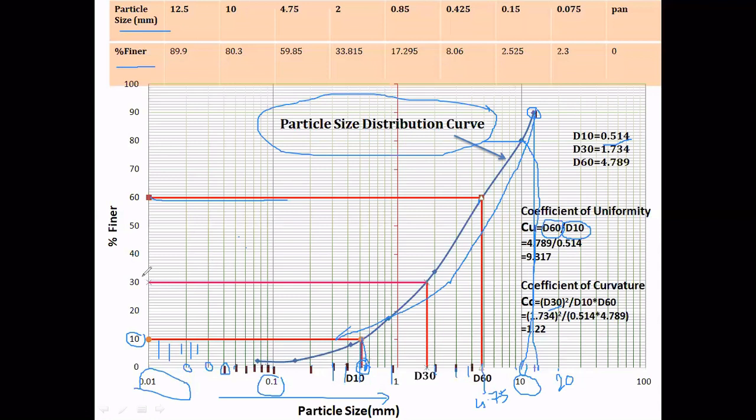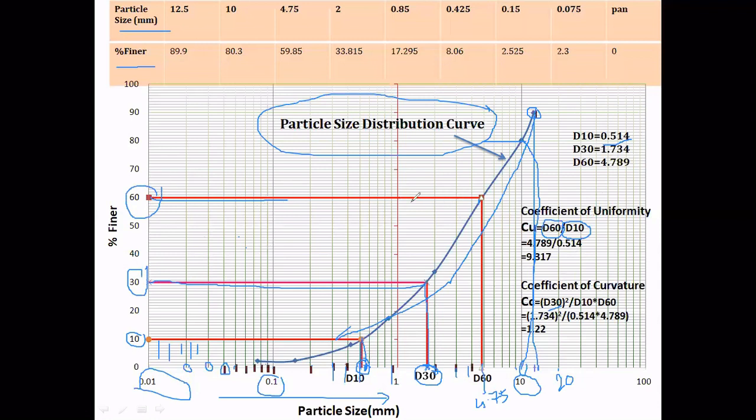Then how to determine d30 size? Then again from the y-axis, from 30, take your horizontal line up to this particle size distribution curve, and then again drag down on the x-axis, and wherever it cuts on the x-axis, it represents your d30 size. So in our case, it is 1.734. Similarly, you go with the d60 size.